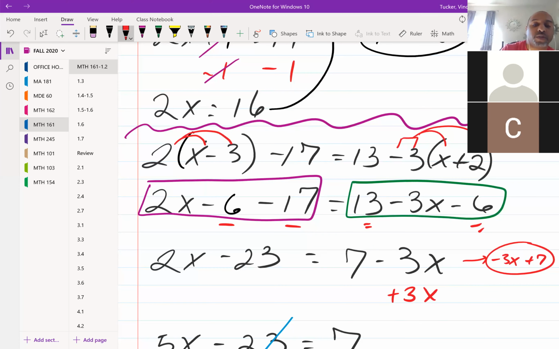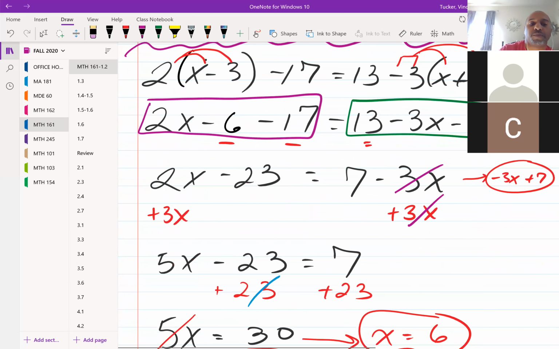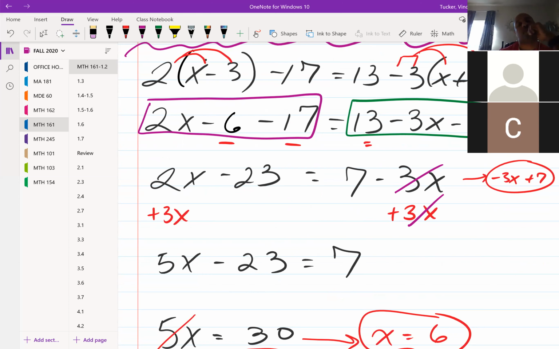So what I'm going to do is add 3x to both sides. On that right side, 3x minus 3x will cancel. And that will leave me with 2x plus 3x, which is 5x minus 23 equal to 7. All right, so now we will add 23.